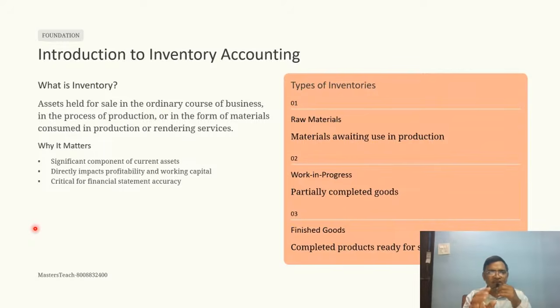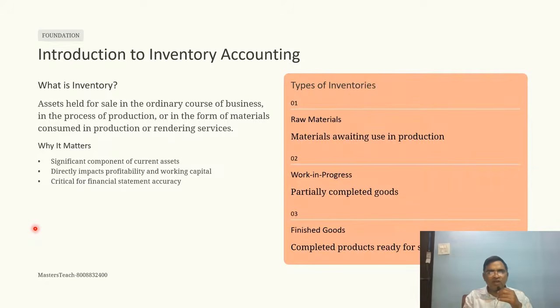Inventory means assets held for sale in the ordinary course of business, in the process of production, or in the form of materials consumed in production or rendering services. Why is it important? We come to know the correct current assets, we are able to see the impact on working capital, and we are examining the critical accuracy of financial statements.